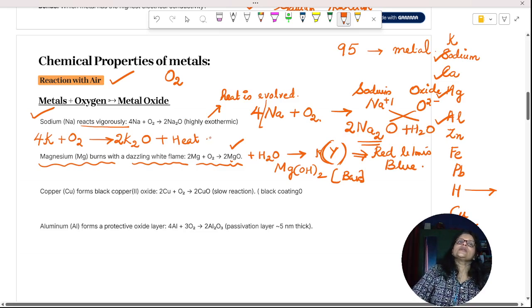And then if we react K2O also with water, we will get potassium hydroxide, KOH, right?